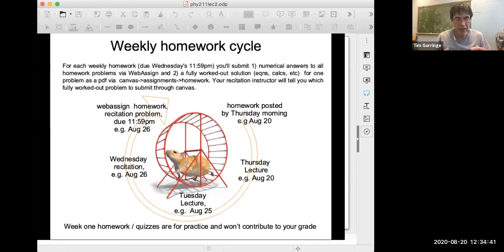In Canvas, what I posted is the question numbers according to the book. So all these questions that are in WebAssign and posted on Canvas are the same questions, but WebAssign may be labeling them 1 through 6, whereas in the book they're not 1 through 6. There's some collection of numbers. And so I'm trying to give you both ways to locate them, find them. If you have any problems with that, let me know.